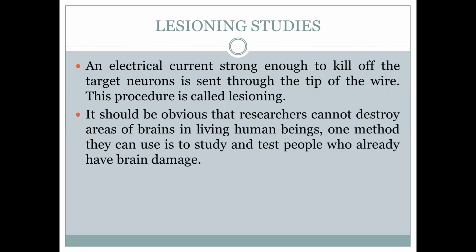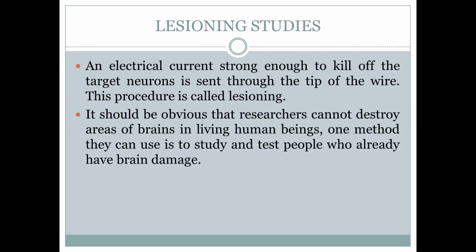In such an experiment, once the test animal is anesthetized and given medication for pain, an electrode, which is a thin wire insulated everywhere but at its tip, is surgically inserted into the brain. The current sent through the tip of the wire will kill the target neurons. In this process, we get to know which abilities are lost during the lesioning.